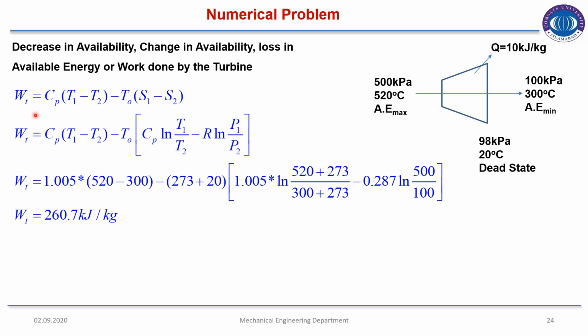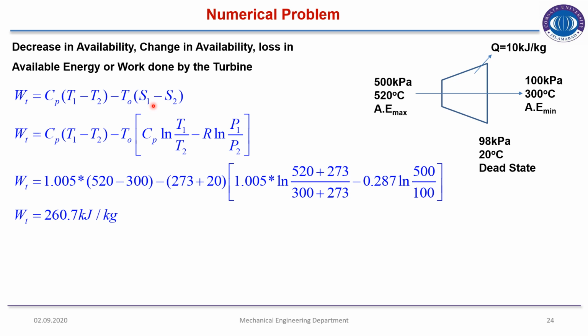As the working fluid is air, we can replace the h term with CpT. Enthalpy is a function of temperature, so for the ideal gas we are using it as CpT.